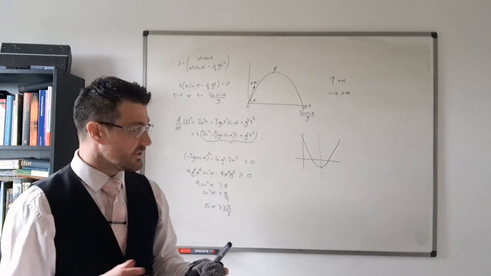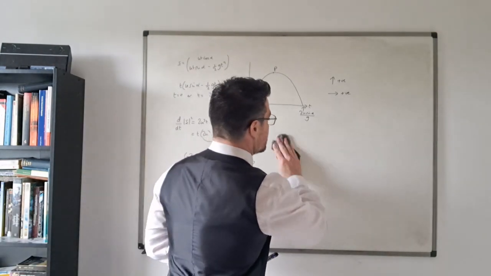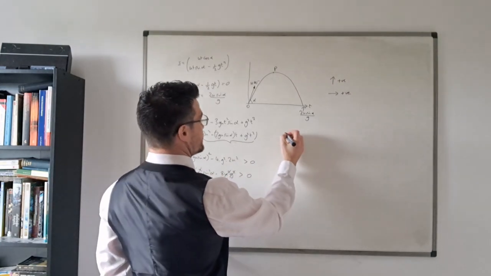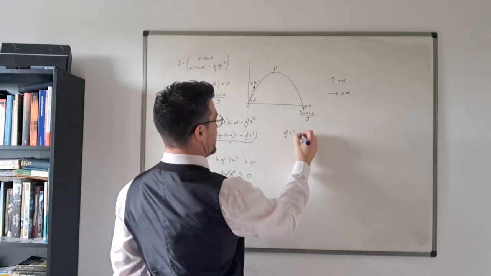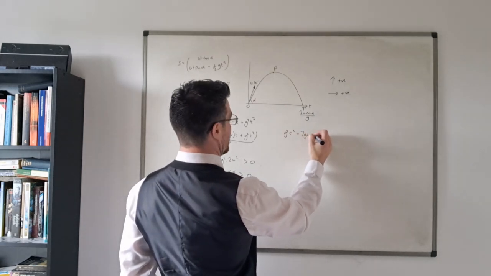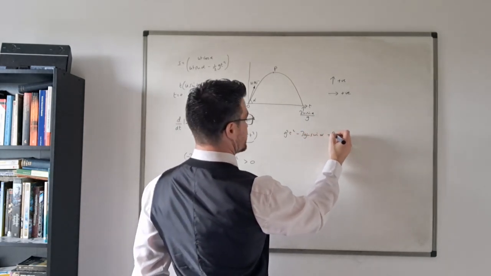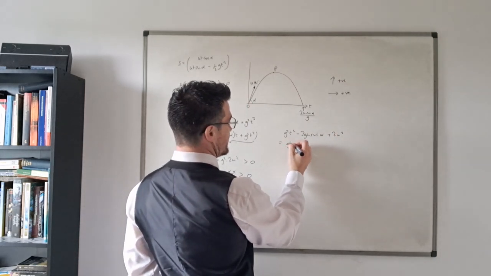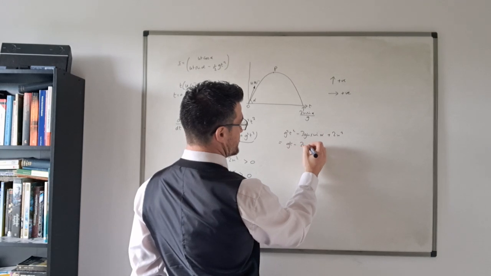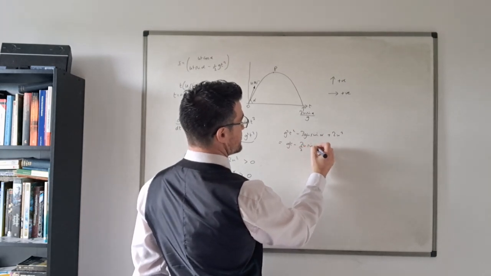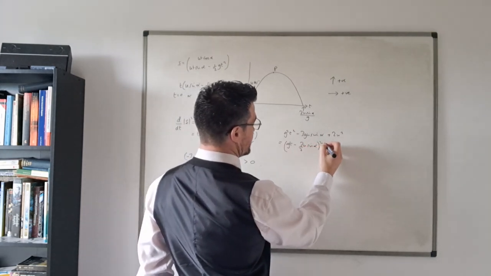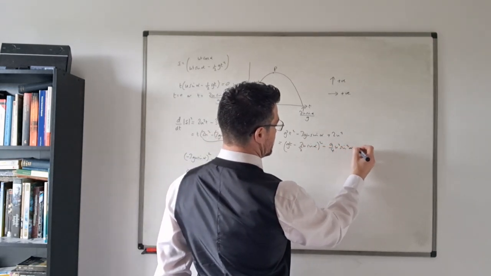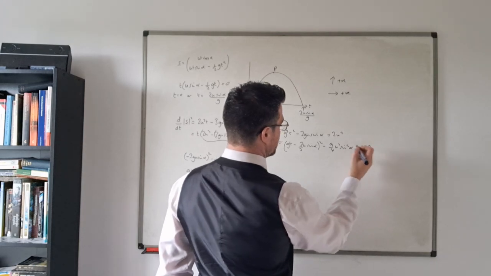Completing the square, of course, right? Completing the square on what? On this thing here. So we've got g squared t squared minus 3gu sine alpha plus 2u squared. This is going to be equal to (gt minus 3 halves u sine alpha) squared minus 9/4 u squared sine squared alpha plus 2u squared.